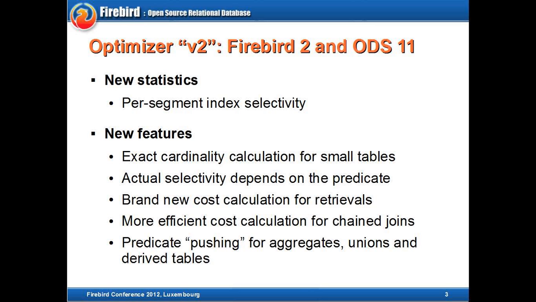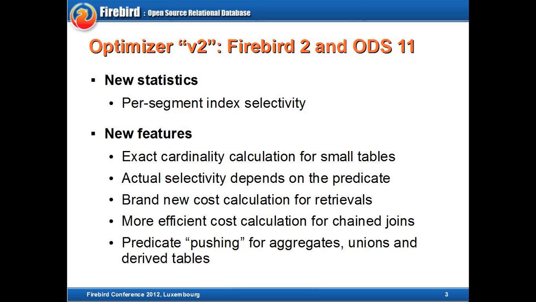But in Firebird 2, the optimizer was clever enough to optimize 10, 12, 20, or whatever number of tables, and still be fast enough to do it in reasonable time. At least I have never heard of really big optimization mistakes related to joining many tables, starting with Firebird 2.